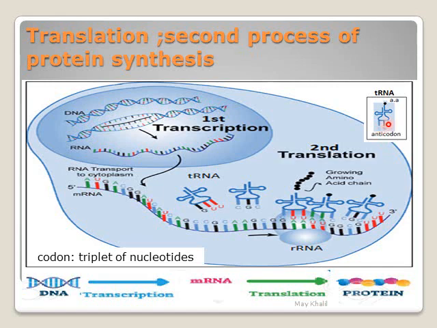It's made up of 3 nucleotides, for example, CGC. This anticodon is complementary to a codon on a messenger RNA. So this is a transfer RNA with 3 nucleotides, complementary to 3 nucleotides on the messenger RNA.